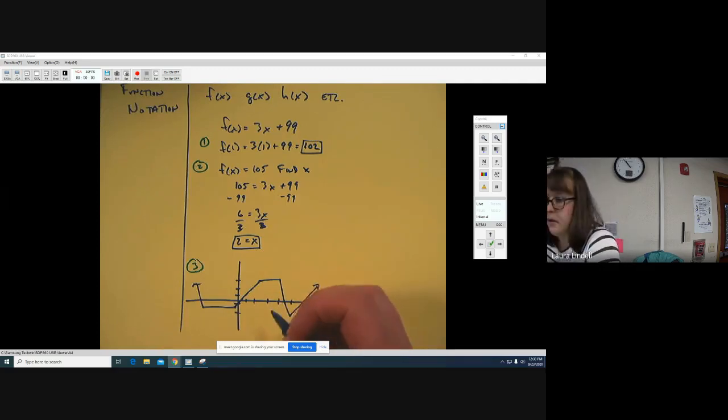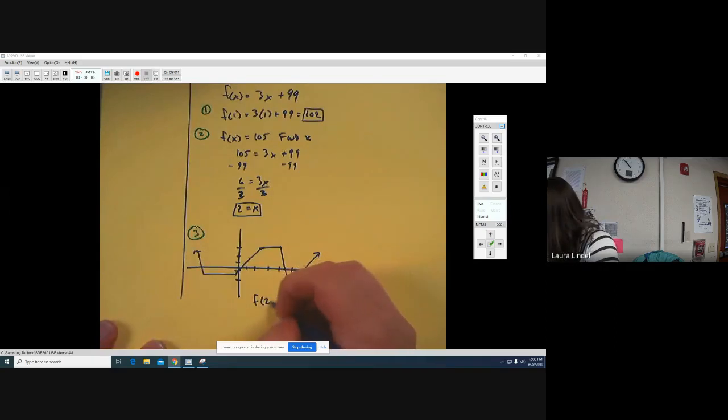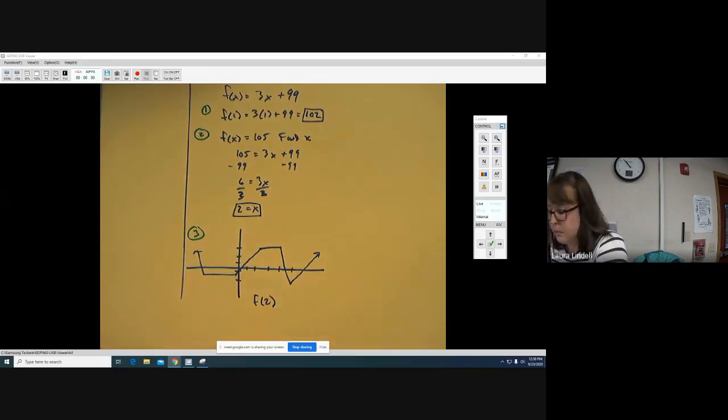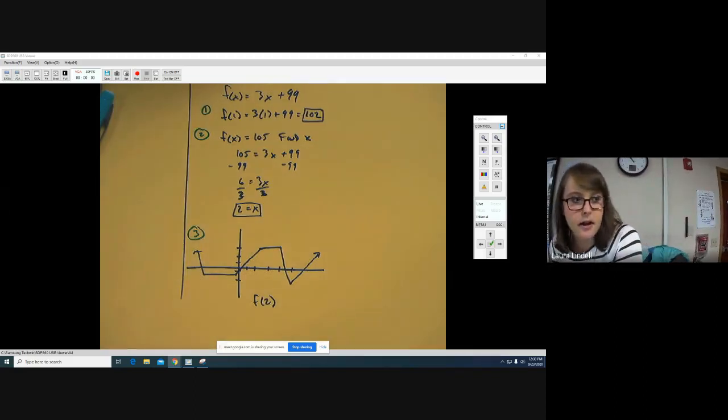We might be asked something like, evaluate what is f of 2. And usually in these cases, it will be very obvious what it is. Like the graph will be more nicely drawn than I typically draw graphs by hand.